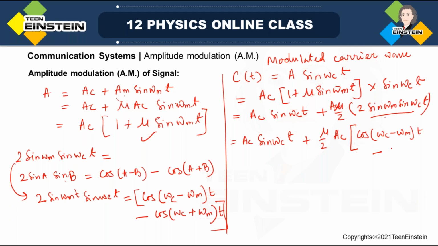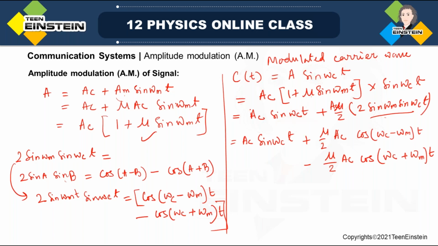Plus another term, mu by 2 AC cos of omega c plus omega m into t. So here we have got now three terms.